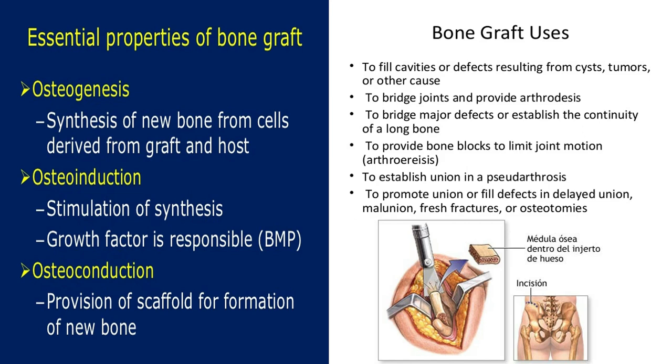Now the essential properties of bone grafting: it must express osteogenesis, osteoinduction, and osteoconduction. Osteogenesis means the ability to synthesize new bone from cells derived from the graft and the host. Osteoinduction means stimulating the synthesis of bone, helped by growth factors like bone morphogenetic protein.